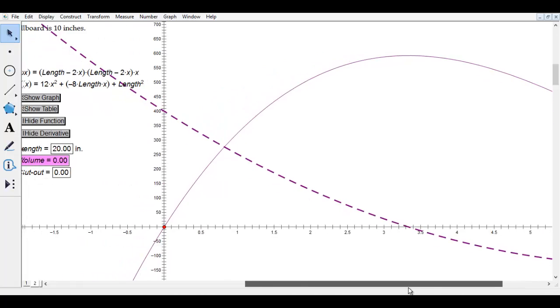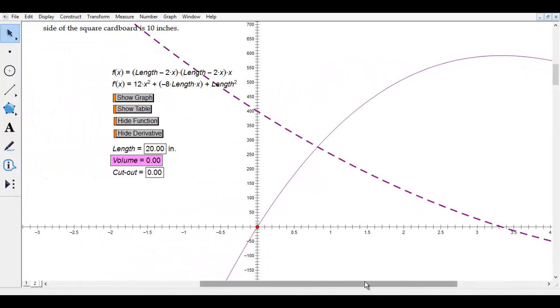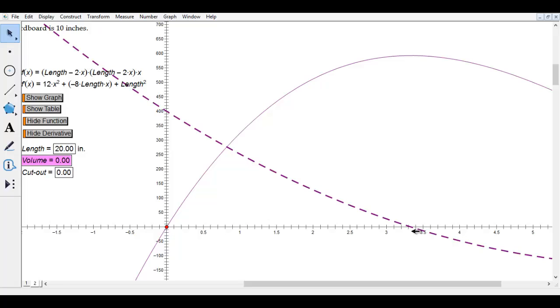And I believe, given this as an example, students can actually visualize what is going on with the graph of the function, and also the graph of the derivative of the function, and why they have to set the derivative of the function equal to 0, and what it actually means as compared to the graph.